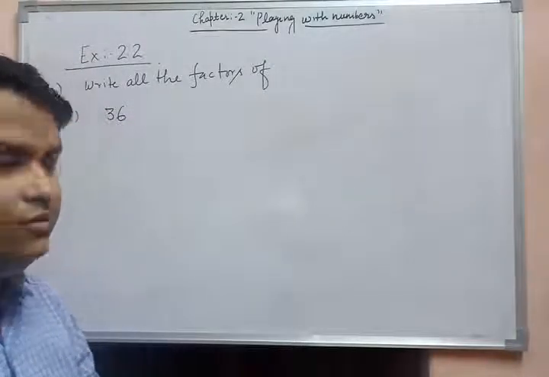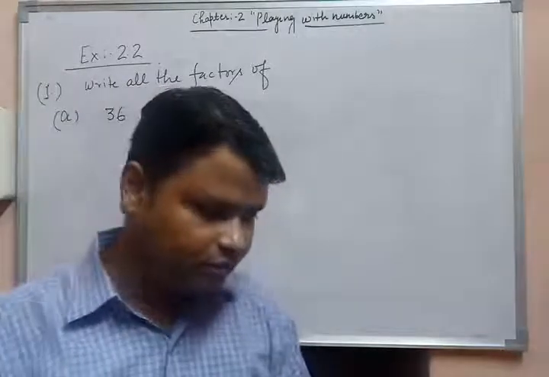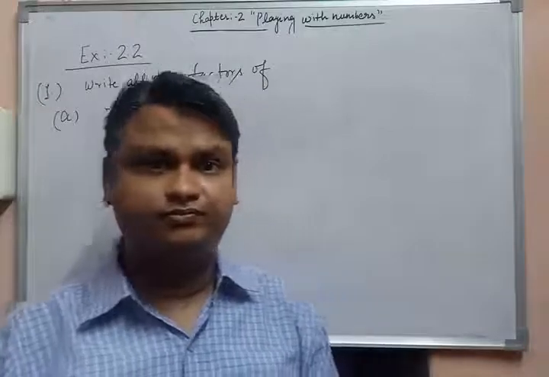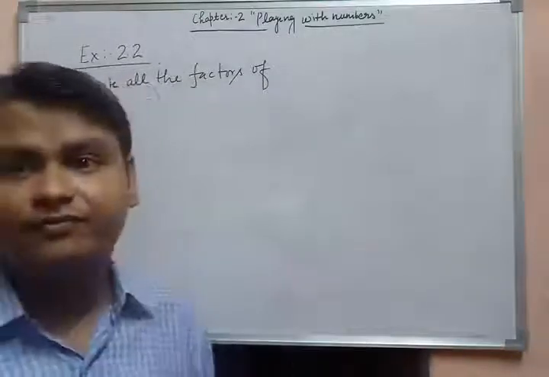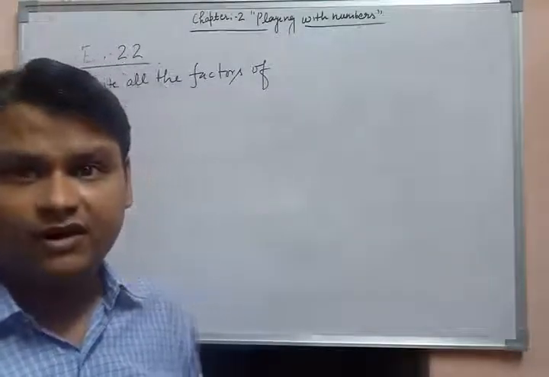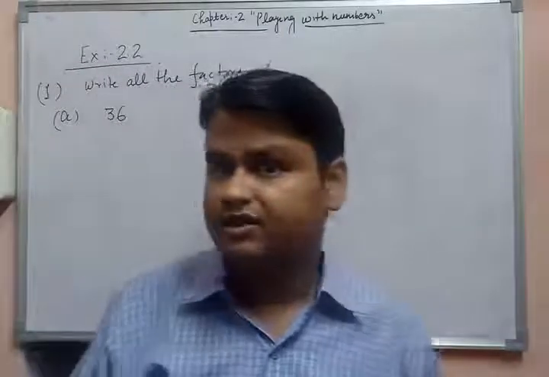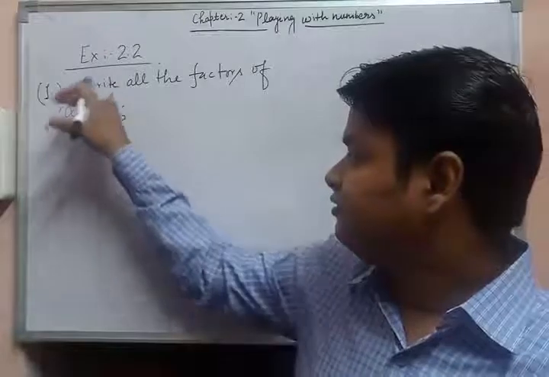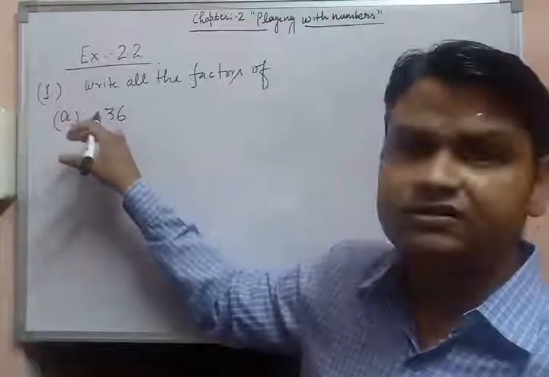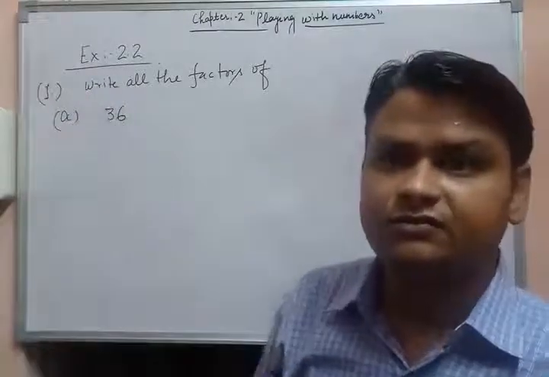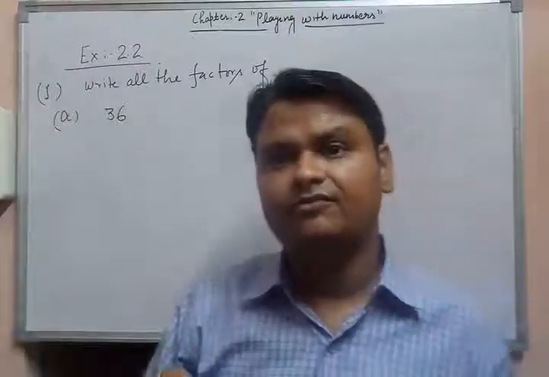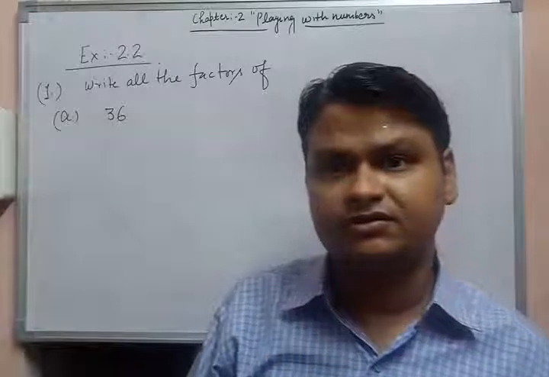First of all, you have to solve it in rough, by yourself, to find which numbers divide 36. So the first number is 1, because 1 is a factor of all numbers.